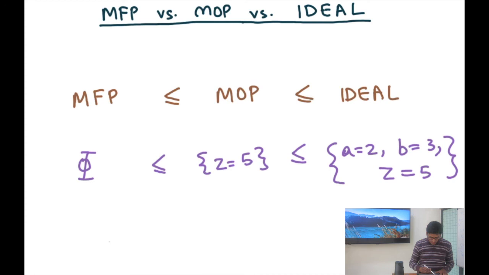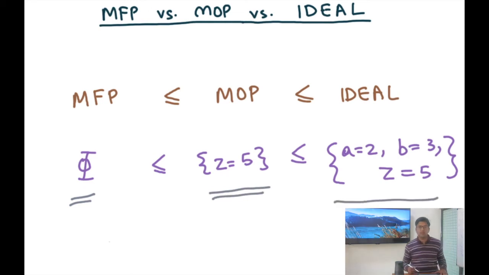So in this example for constant propagation, it is easy to see that the empty set is less than or equal to the singleton set which just has z equals 5, which is less than or equal to this set which has 3 elements in it, a equals 2, b equals 3 and z equals 5. Why is this true? Because recall that less than or equal to is nothing but the subset operator for the constant propagation algorithm.